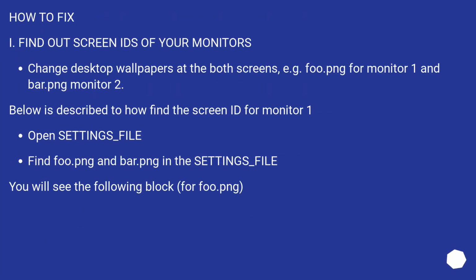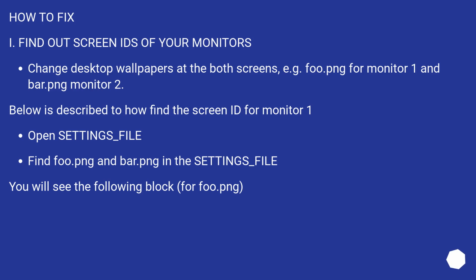How to fix? One. Find out screen IDs of your monitors. Change desktop wallpapers at both screens, for example foo.png for monitor 1 and bar.png for monitor 2. Below is described how to find the screen ID for monitor 1. Open settings_file.